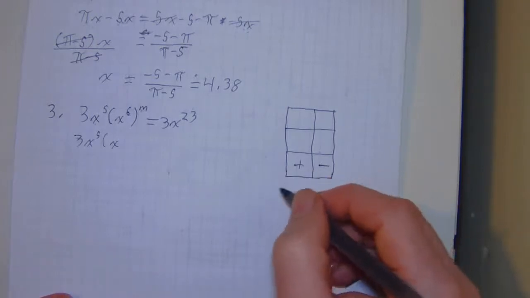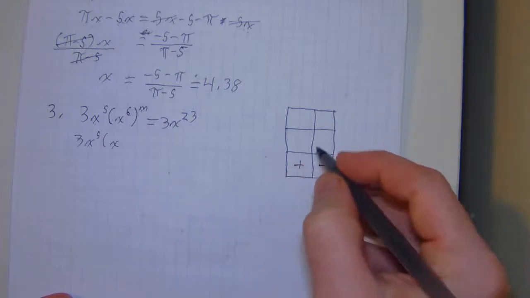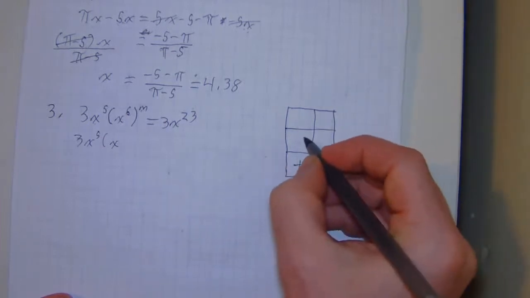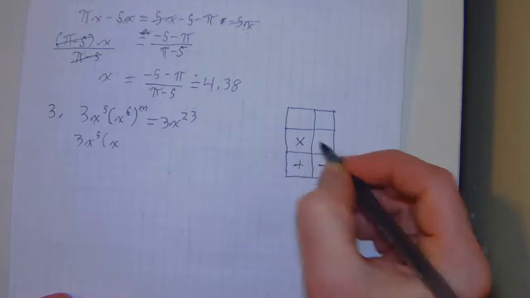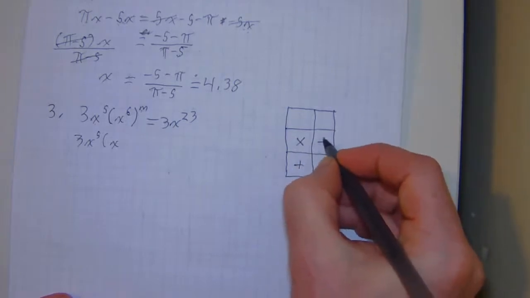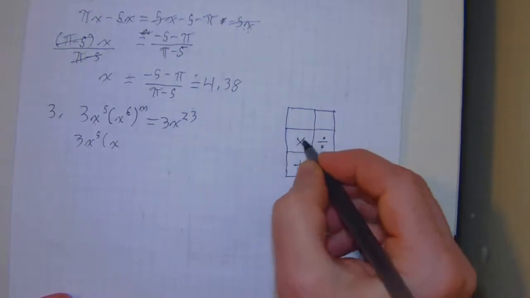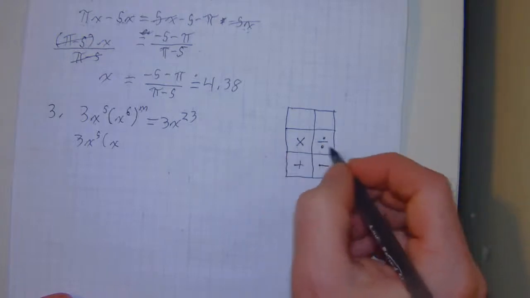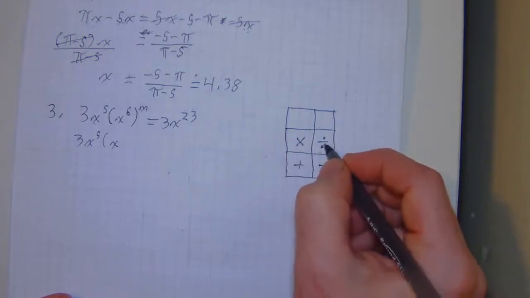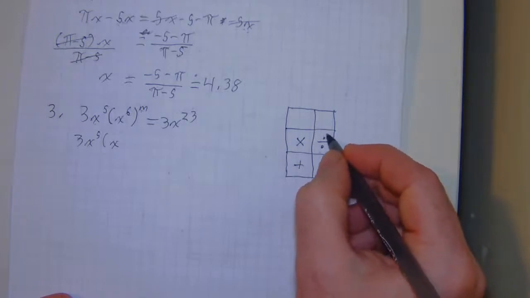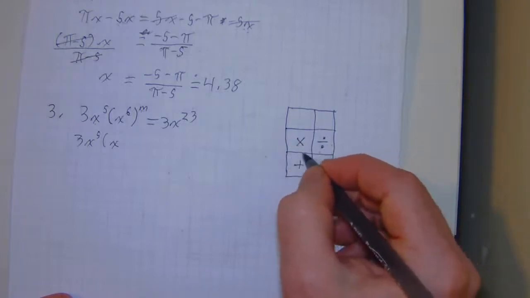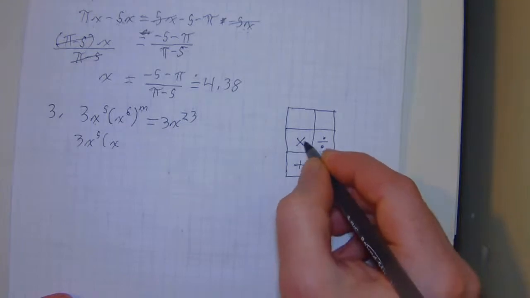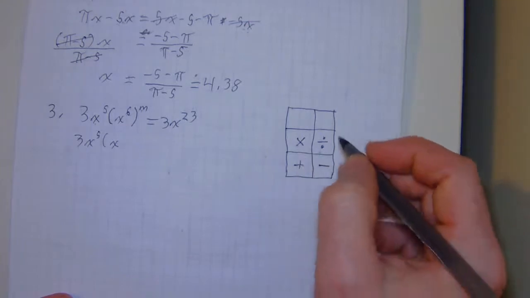You just do whichever one comes first, left to right. Repeated addition is multiplication, and the opposite of multiplication is division. That's why multiplication and division are at the same level. You just do whichever you get to first, left to right. And also why they are both ahead of addition and subtraction, because multiplication is repeated addition.